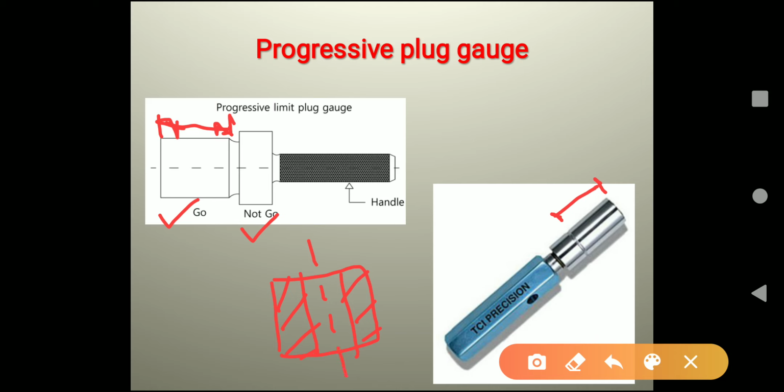We have to check this whole section for its form as well as its dimension. If the length of a go gauge is reduced, we cannot find the exact form or dimension in this region. So it is given in the design that the length of the gauge should be 7.5 times the particular hole size.